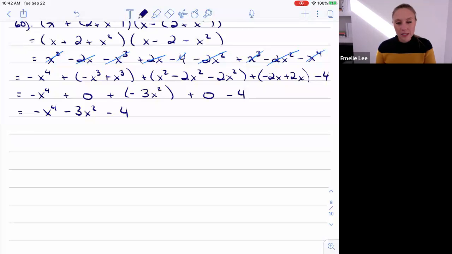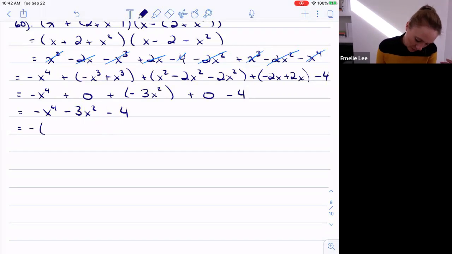If you wanted to, you can pull out this common negative. So here I've got a coefficient of -1. I've got a coefficient of -3 and a coefficient of -4. I can pull out that negative, and just to get comfortable with doing that, let's go ahead and do that, even though this would be simplified and fine by me.